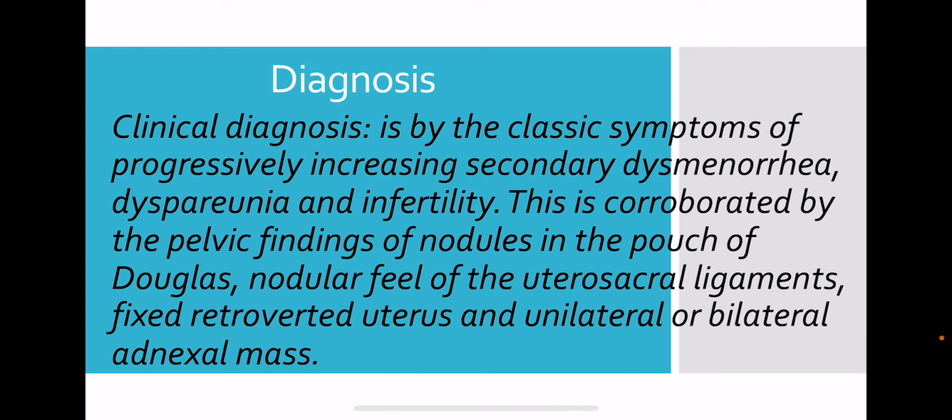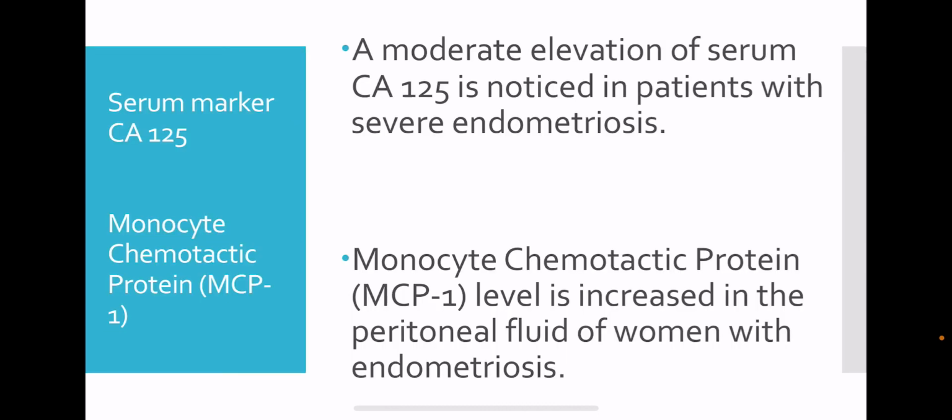So guys, clinically, how are you going to diagnose it? First, the patient comes with three symptoms: dysmenorrhea, dyspareunia, and infertility. Then you do the pelvic examination. You find nodules in pouch of Douglas, nodular feel of uterosacral ligament, a fixed retroverted uterus, and a bilateral or unilateral adnexal mass, which gives a justification that it is endometriosis.